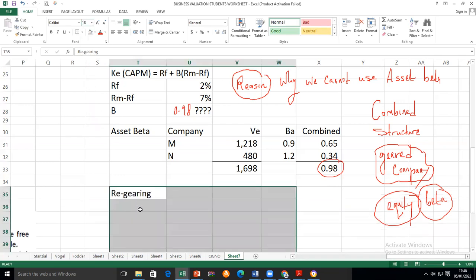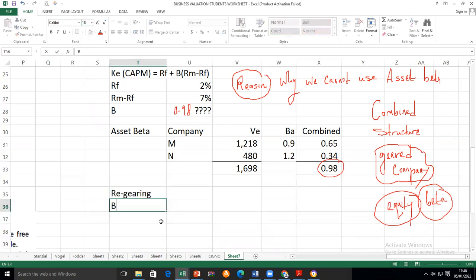Okay, the geared beta equals, I take the asset beta or the ungeared beta, then you need to multiply it by what? Value of equity plus value of what? Debt. You must remember to do 1 minus T, like that. So you multiply by, so this one, we need to put it together. That one is together, so we put it like that. Then we divide by what?